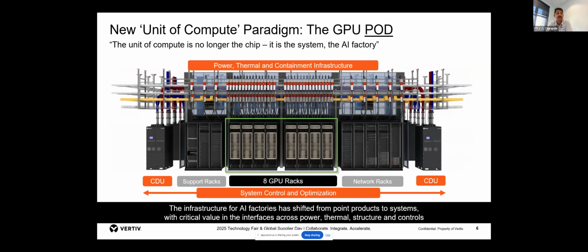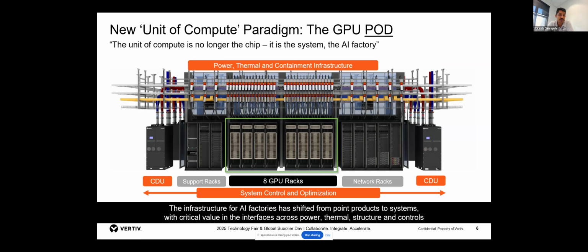I just want to educate this crowd on what a unit of compute means. This is NVIDIA's pod design, which we are collaborating with them on, and it acts as a monolithic computer.